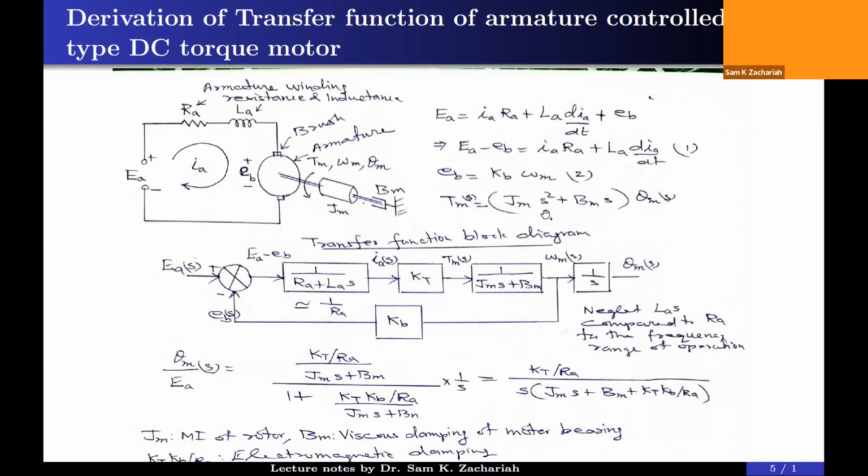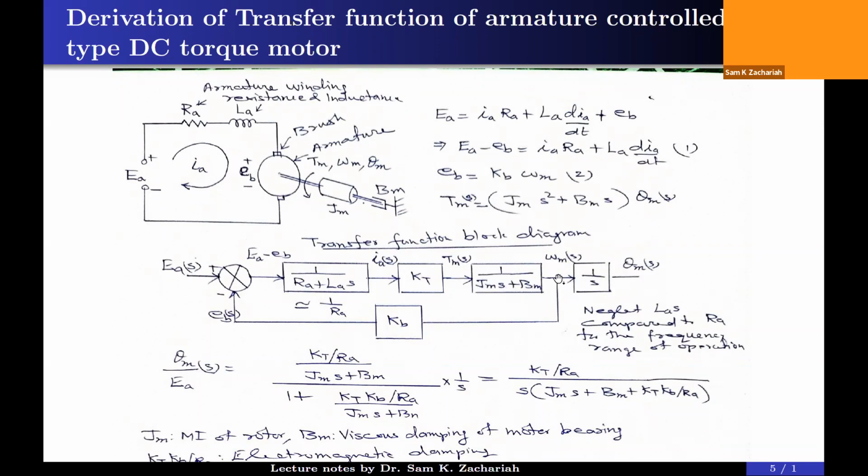Now for Tm of s, you can also take the transfer function theta m of s by Tm of s, which is equal to 1 by Jm s squared plus Bm s. So 1 by s I had taken outside. You put them together, theta m of s by Tm of s is equal to 1 by Jm s squared plus Bm s.